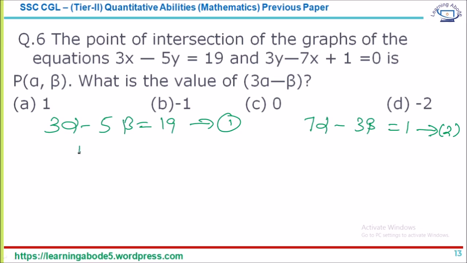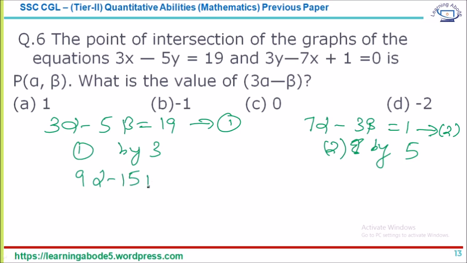Now multiply the first equation by 3 and the second equation by 5. So you will get 9 alpha minus 15 beta is equal to 57, and 35 alpha minus 15 beta equal to 5.